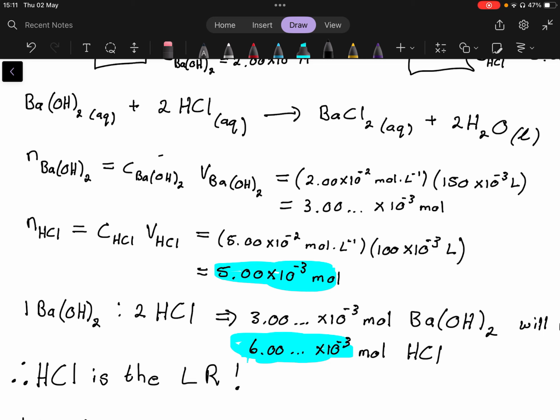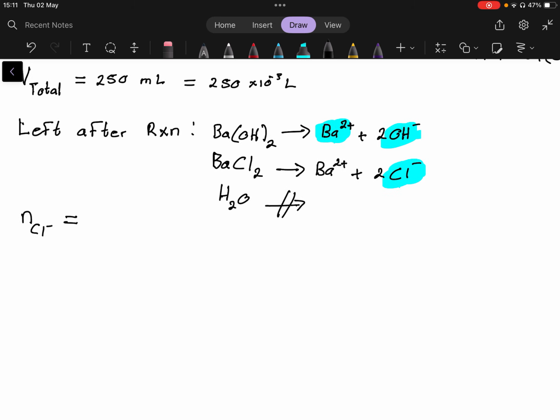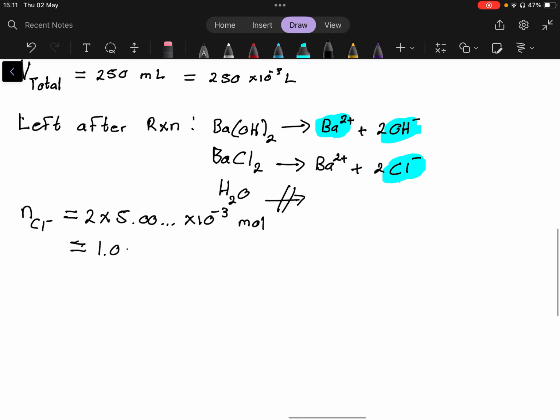So if the number of moles of HCl is 5 times 10 to the negative 3 mole, it means the number of mole of chlorines that would have formed on the right-hand side would just be twice 5.00 times 10 to the negative 3 mole. This is also colloquially known as 1.00 times 10 to the negative 2 mole.